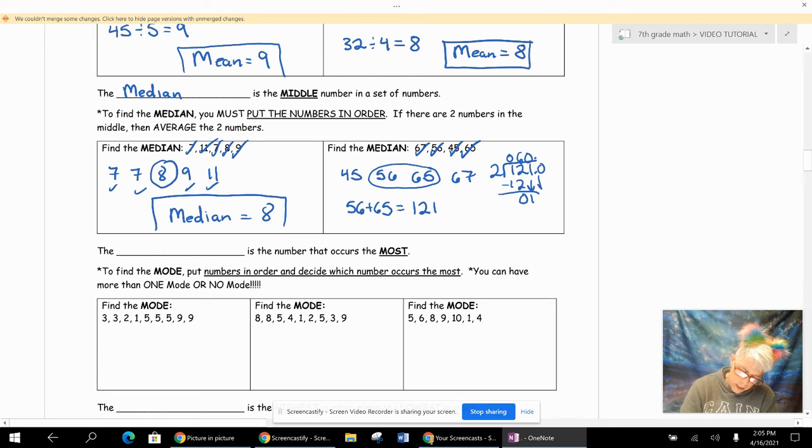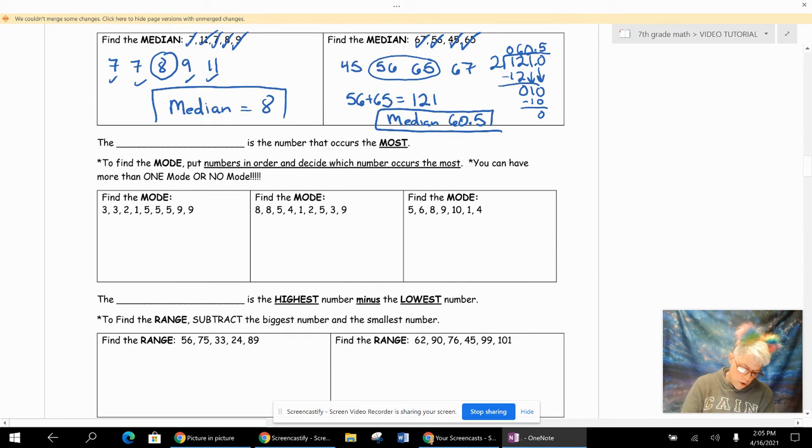Add a 0, bring it down. 2 times 5 is 10. And finally, I zero out. So that was a little bit of extra work, but my median is 60.5.